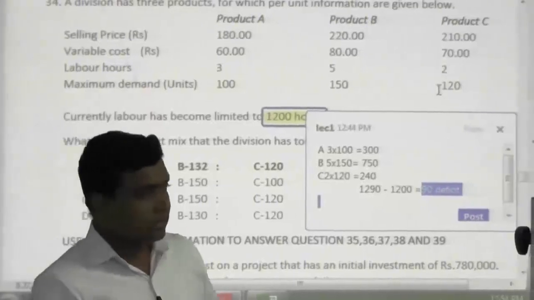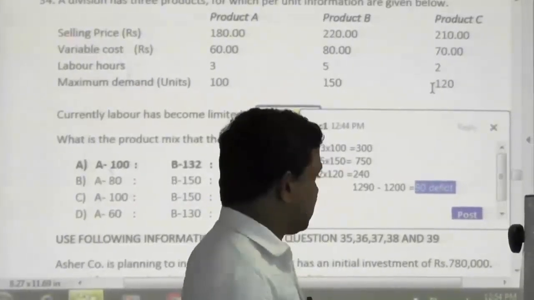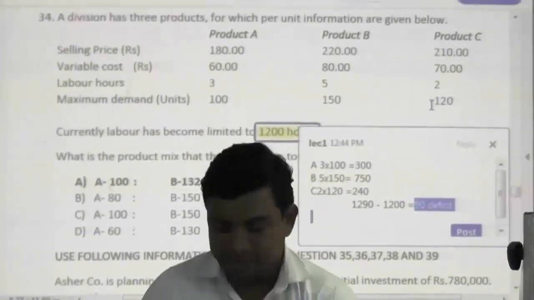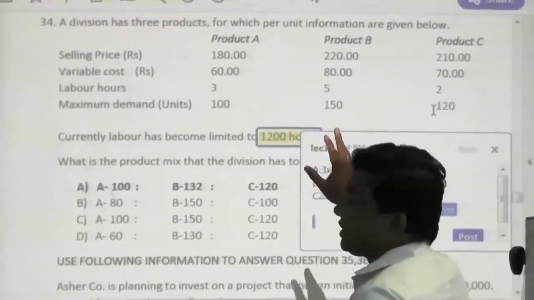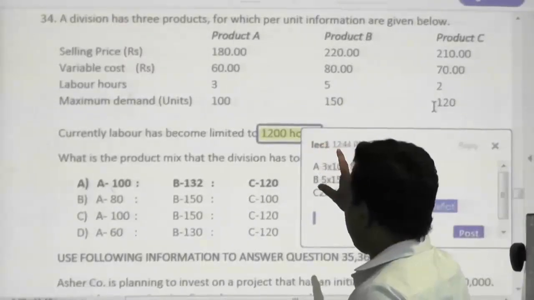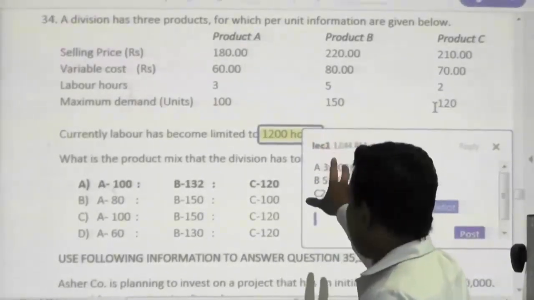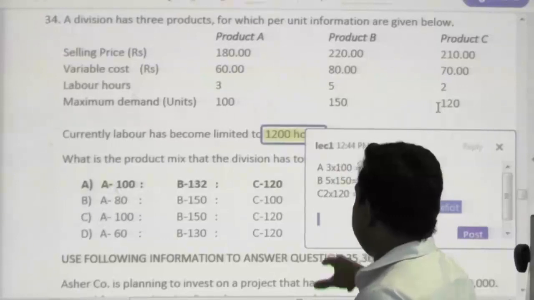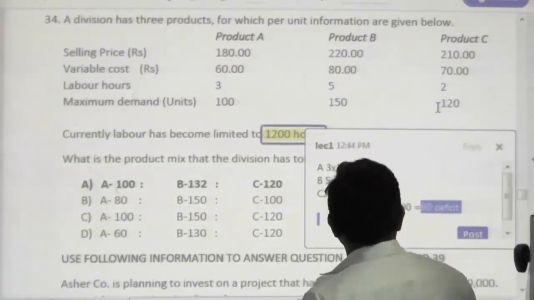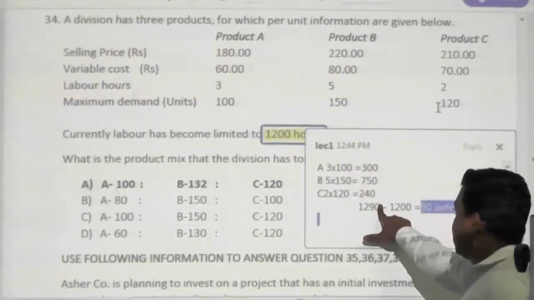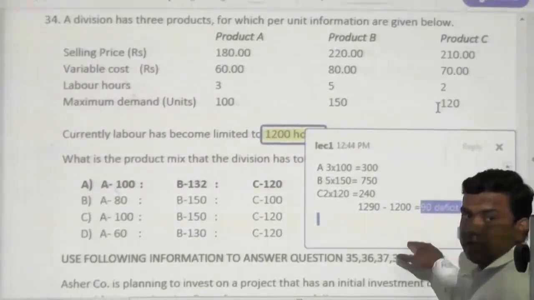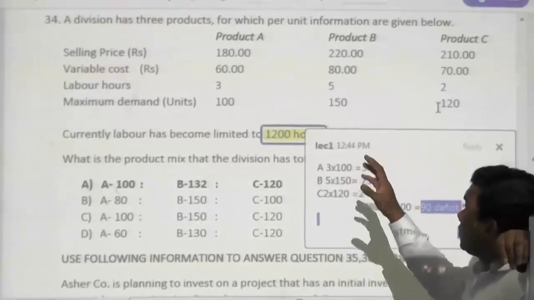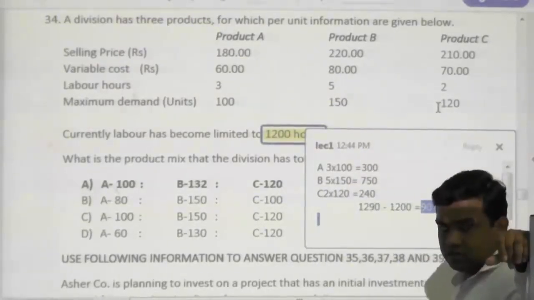I will repeat what the steps are that you have to follow here. Number 1, see how many limiting factors you have. Here you have only one limiting factor, that is labor hour. Then see how many labor hours deficit; we calculated that. Then calculate contribution for each product.